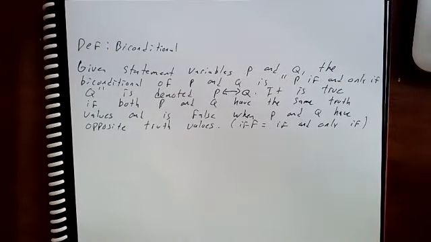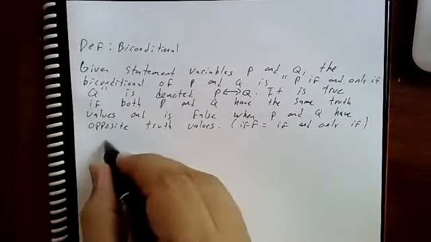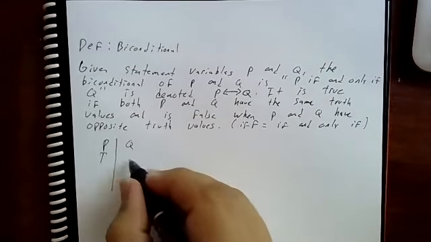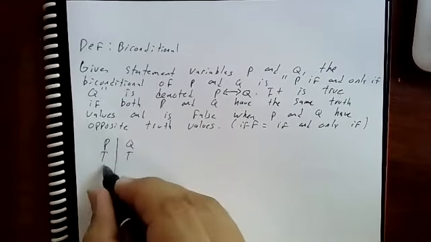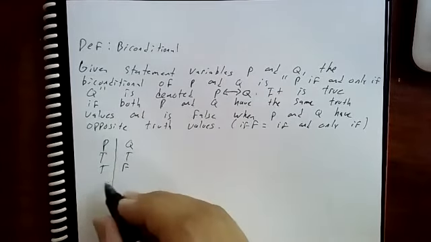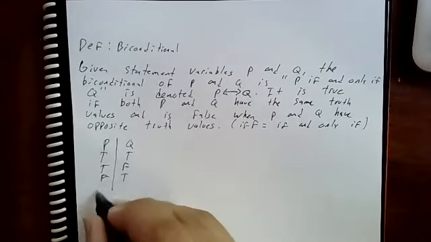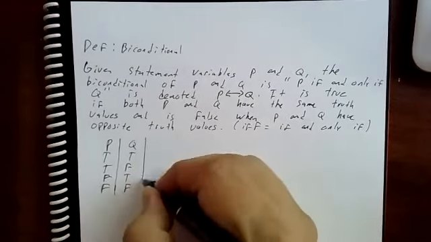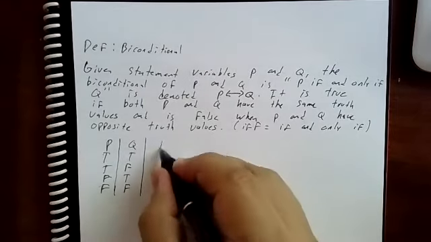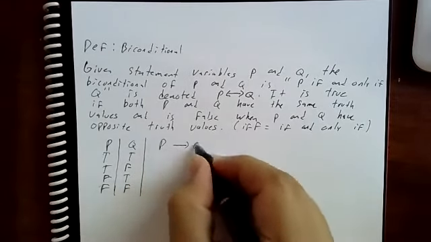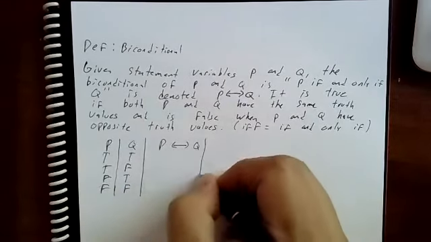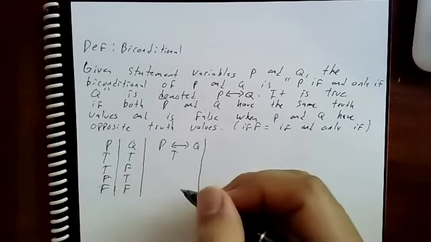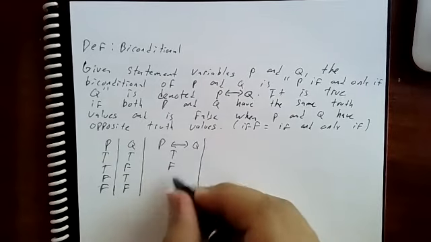So here's the truth table for the double arrow: true, true, true; true, false, false; false, true, false; false, false, true. It's a double direction arrow.